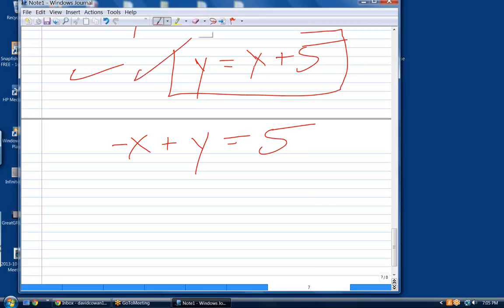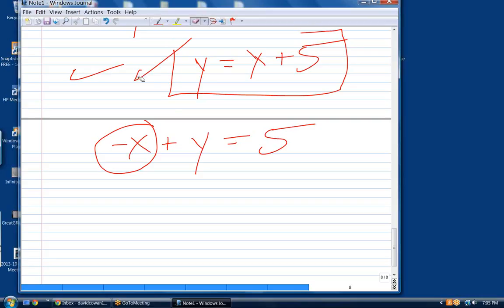So all I have to do to get this in standard format is move the x over to the other side. And I put it in front because that's standard format. It's x and y, not y and x. So standard format, you have your x and your y on the left side and the number on the right.